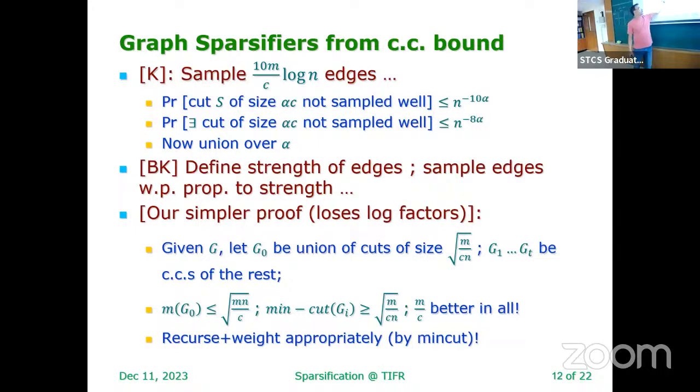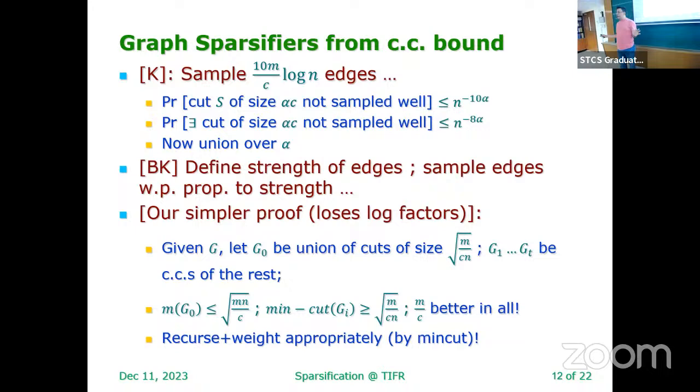So the total number of edges in G0 is n to the 3/2. And G1 to GT are all graphs which have min cut value of at least square root of n. If you just blindly apply Karger to G0 and blindly apply Karger to all of these and put them together, you would have a sample of size n to the 3/2, which is already better.